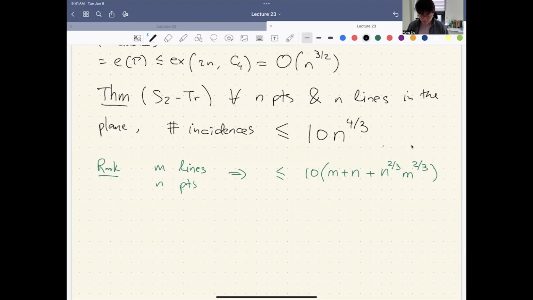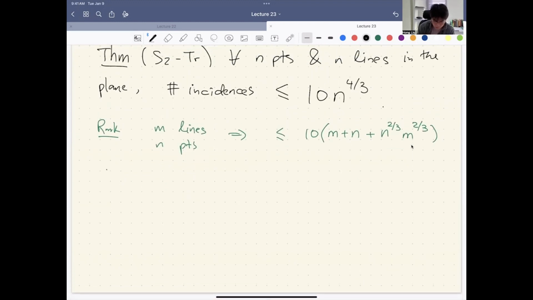At first sight, there is no relation between them. So we're going to build an auxiliary graph in which the number of incidences is related to the number of crossings. And then we can use the bound on the crossing number to give a bound on the incidences.